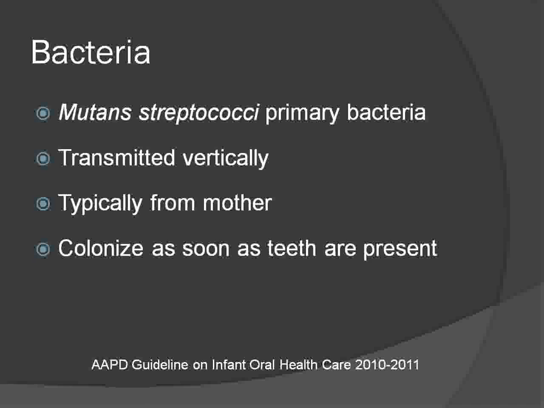So normally any kind of saliva sharing activities such as cleaning off a pacifier, sharing a spoon, things like that can cause the bacteria to go from the parent to the baby. Usually it's from the mother, but again, it can be from whoever is the primary caregiver of the baby. And these bacteria typically start to colonize as soon as the teeth are present.